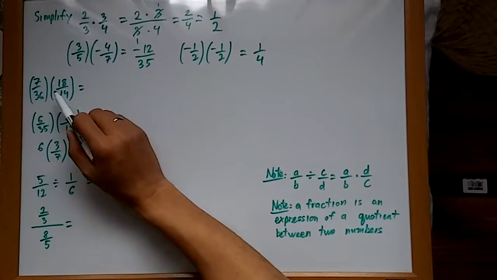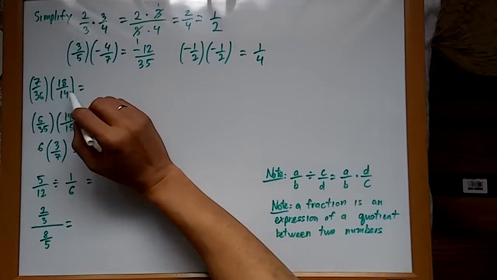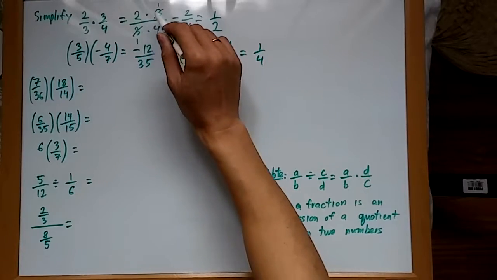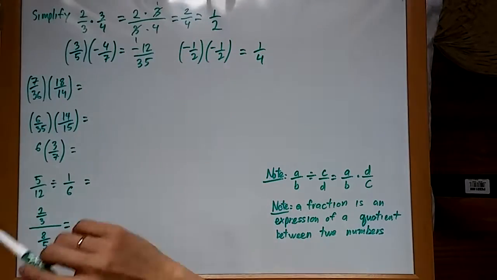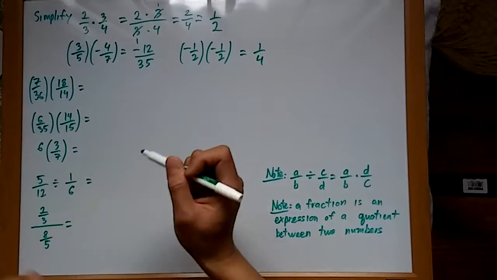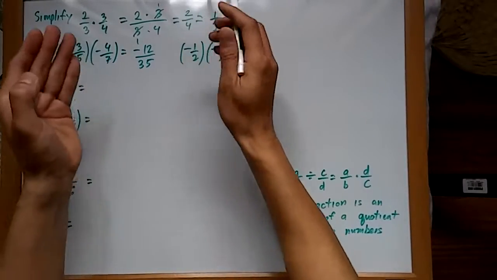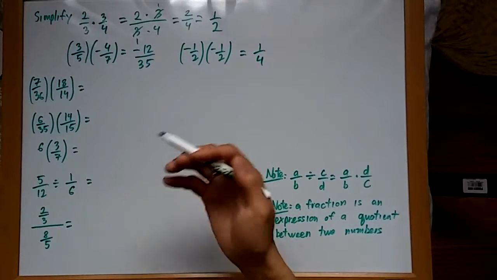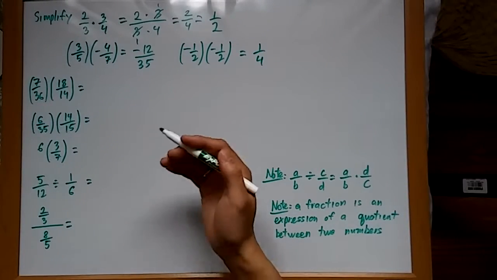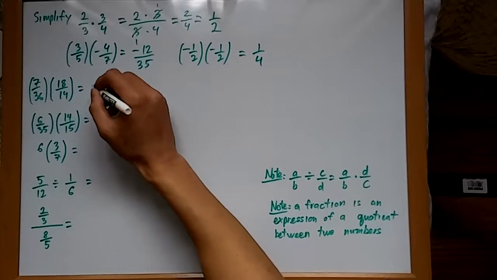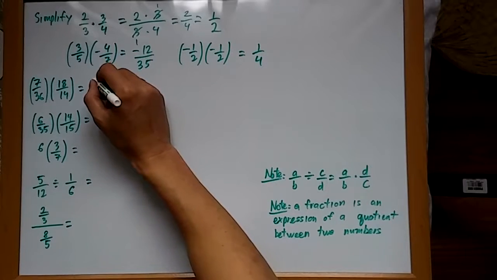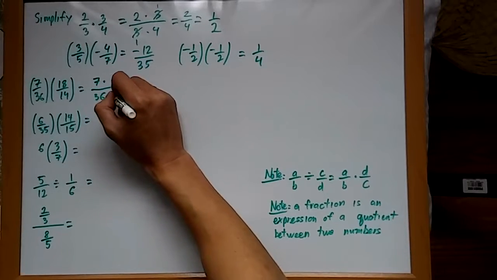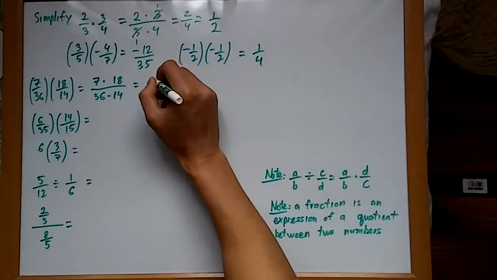For our next problem, I want to show more of the same from the first problem, breaking it out before calculating and canceling the values before doing the operation, so that it makes it a bit easier, and also to show more understanding of working with fractions. So let's write them out. 7 times 18 over 36 times 14.